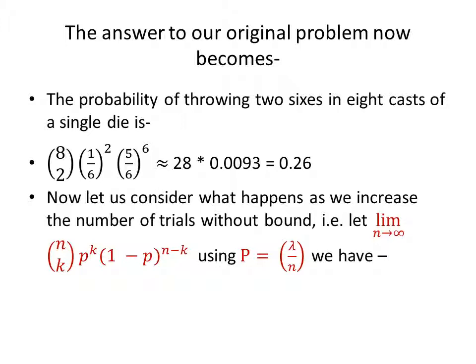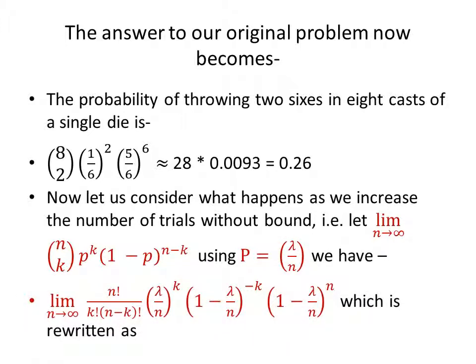Now, to understand what happens to the binomial distribution formula that we see here as n increases without bound, we substitute into the formula for p lambda over n, and we get this.